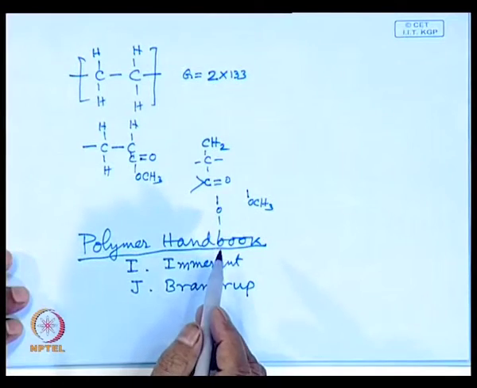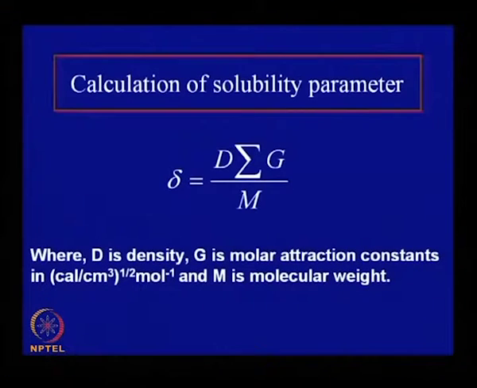There you can get an exhaustive list of contributions to molar attraction constants in chemical compounds, that may be a simple solvent, that may be a polymer molecule. So, with the help of the data available in the data book, you can calculate the solubility parameter either for a solvent or for a polymer. Okay.